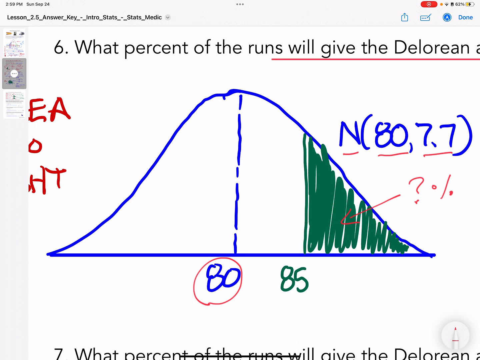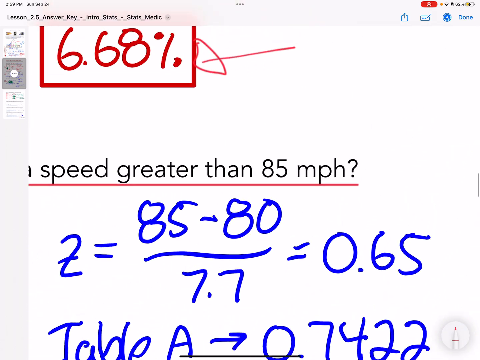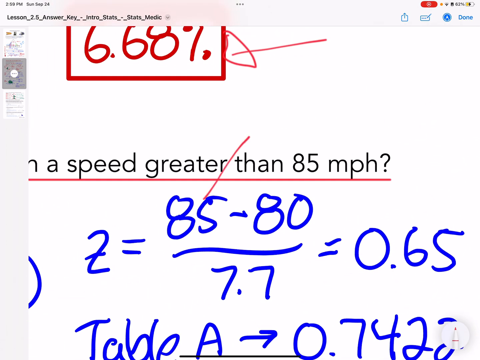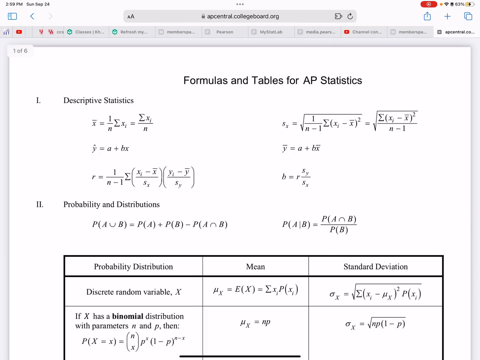Because 85 doesn't land easily on my standard deviations, I'm going to have to find the z-score. Remember it's the observed value minus the mean divided by the standard deviation. I get 0.65. Let's jump back to the z-score table to get 0.65.